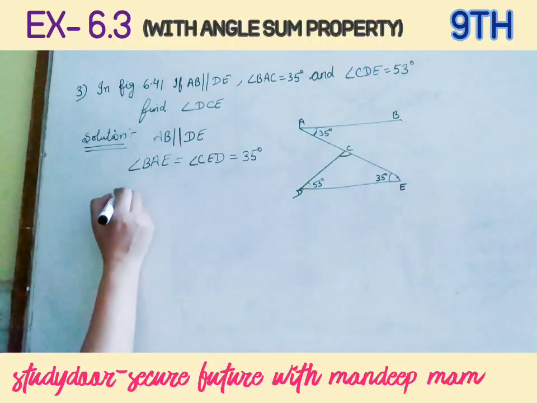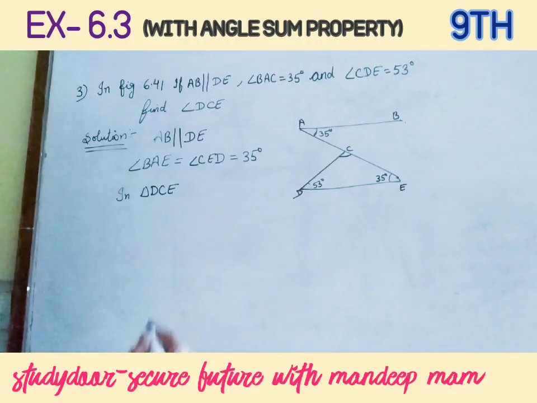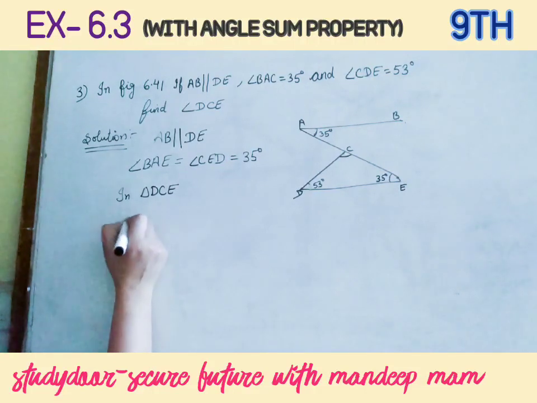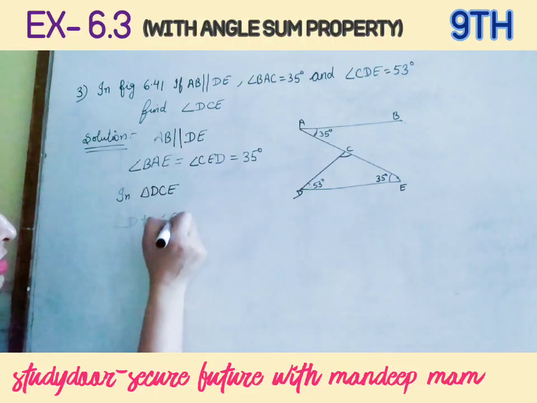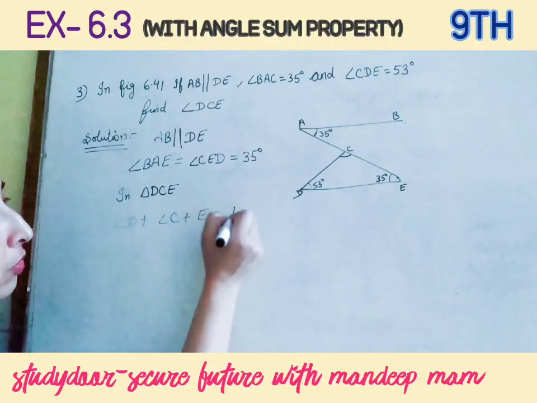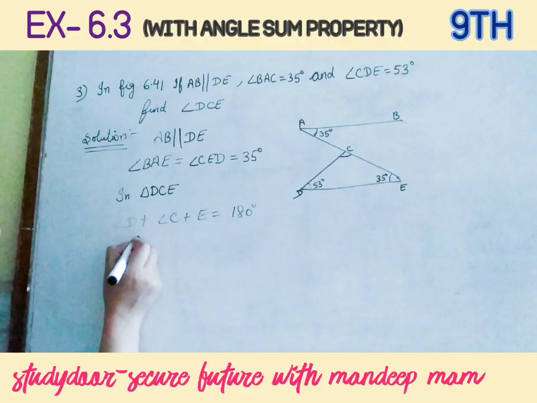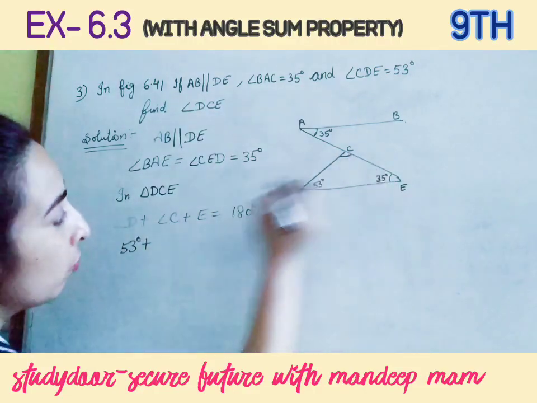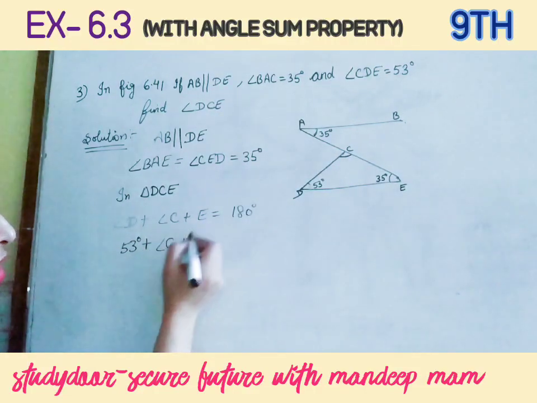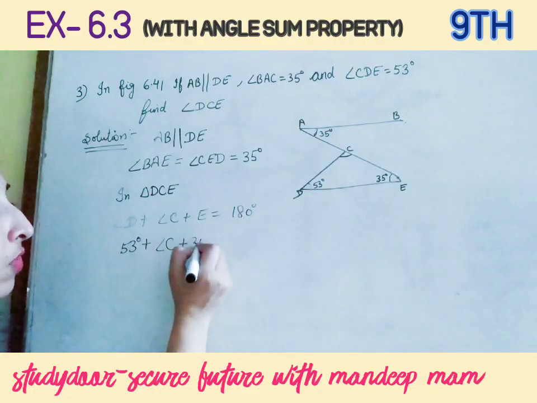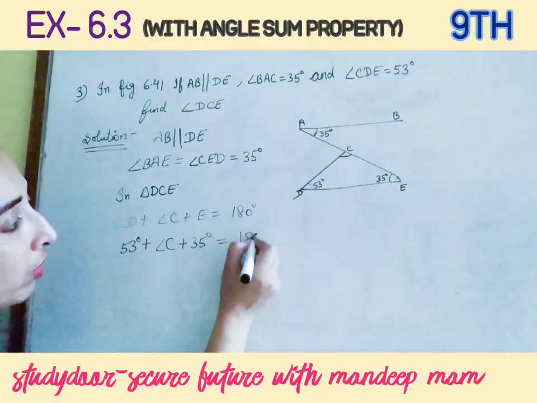So now write, in triangle DCE, angle D plus angle C plus angle E is equal to 180 degrees. Angle D is 53 degrees plus angle C, which we have to find out, plus angle E is 35 degrees, is equal to 180 degrees.